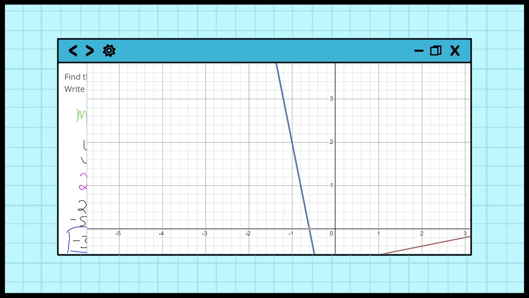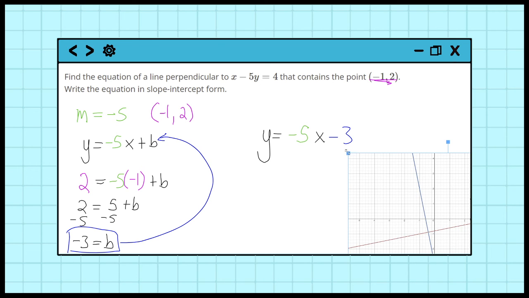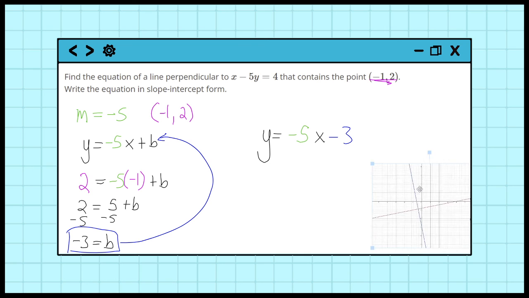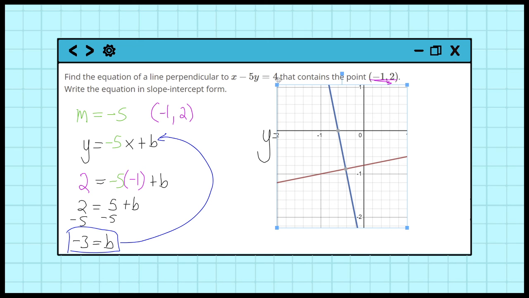I realize that's huge. Don't worry, I'm just going to shrink that down for us so you can actually see it. But when you graph these two lines on the same space, you can see that they make this right angle.